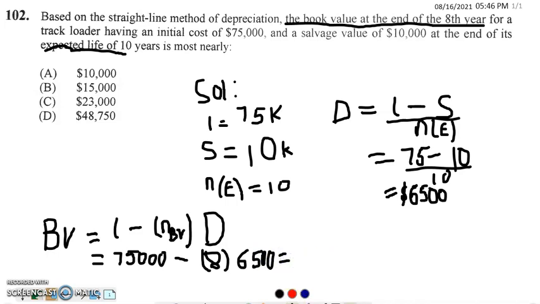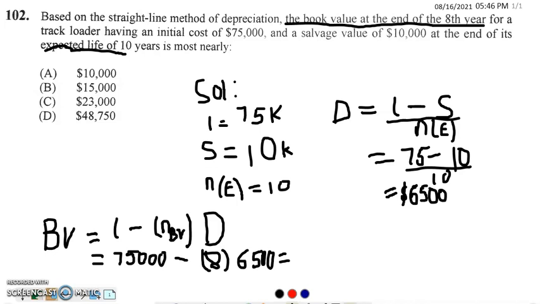And that's it. So let's plug in. Let me grab my calculator quick. So that would be 75,000 minus 8 times 6,500. Okay, I'm getting 23,000.